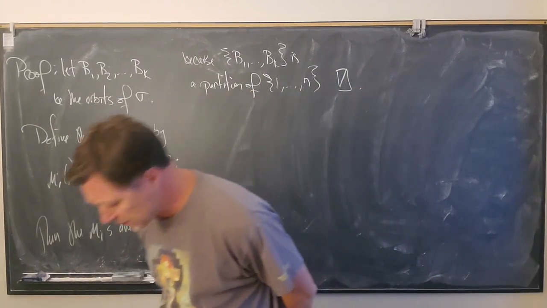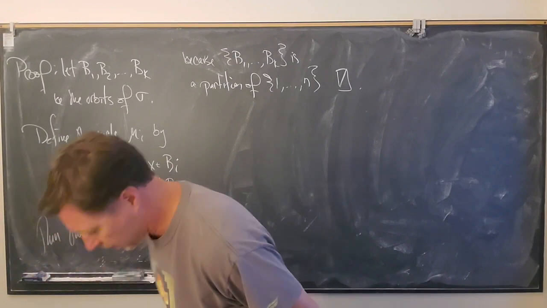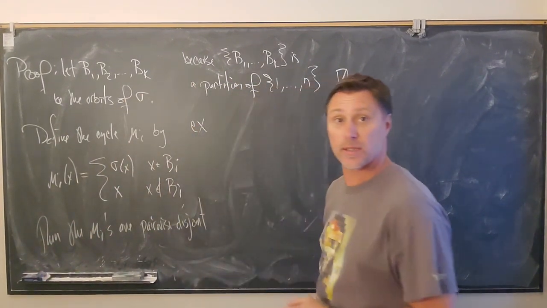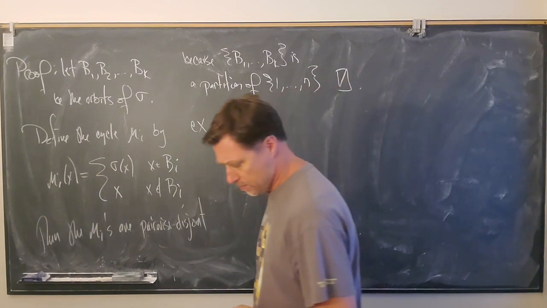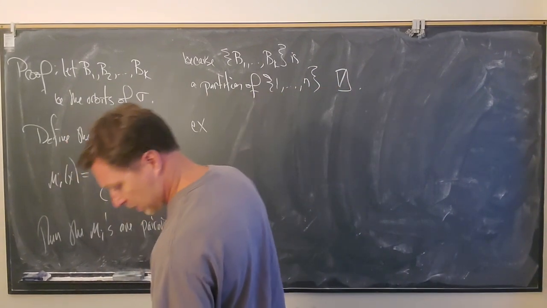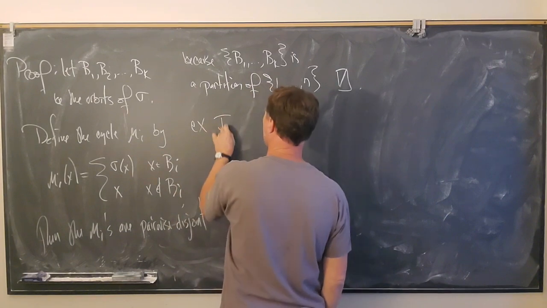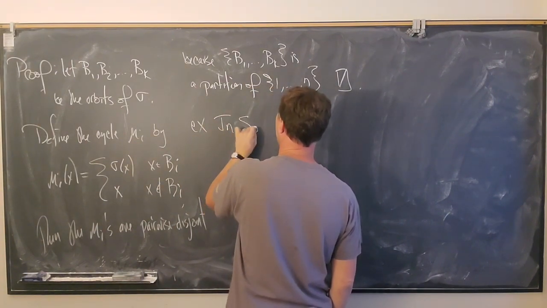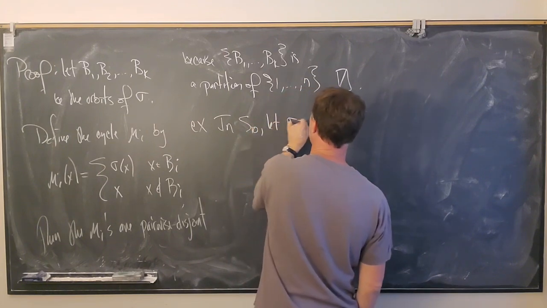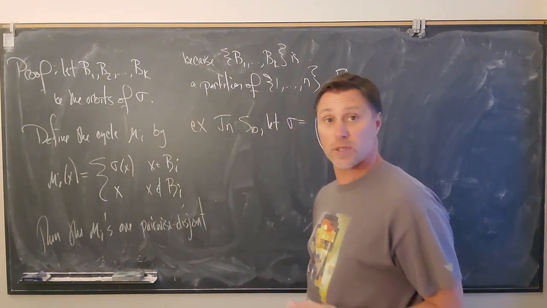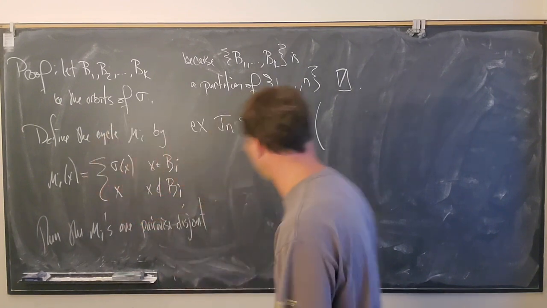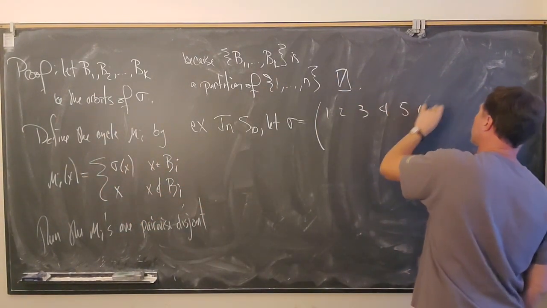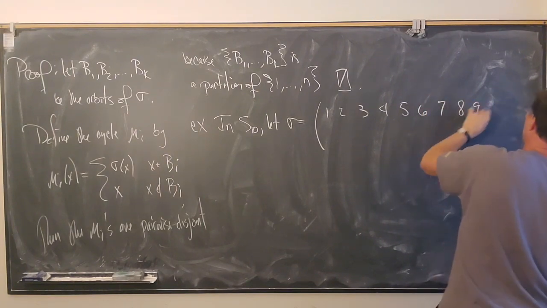So what I want to do now is see how this works in action. The proof tells us exactly how to do it. So let's actually do an example. Let's go in S10. Let sigma be, and I'm going to use matrix notation here at first, 1 through 10 at the top: 1, 2, 3, 4, 5, 6, 7, 8, 9, 10.